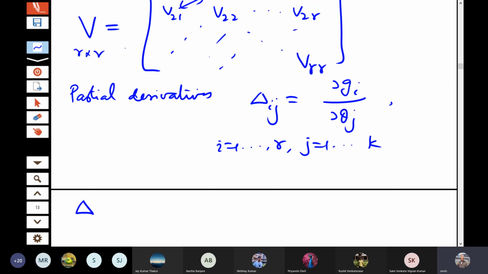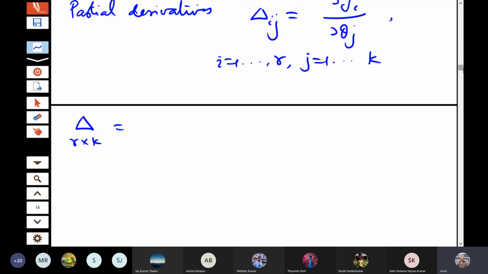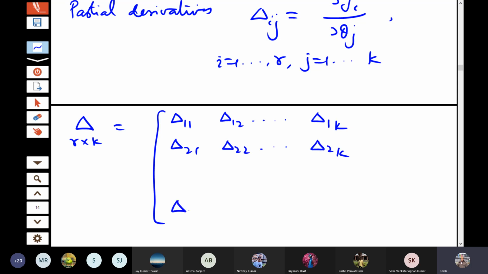This V is r by r and delta is an r by k matrix of these partial derivatives. We write it like this: delta 11, delta 12, and so on, delta 1k, delta 21, delta 22, delta 2k, and so on, delta r1, delta r2, delta rk. So this is an r by k matrix.